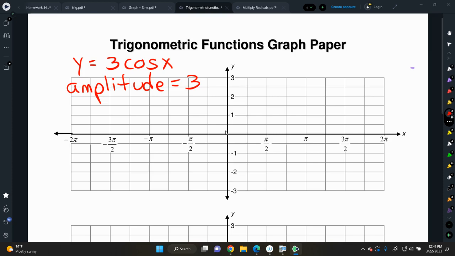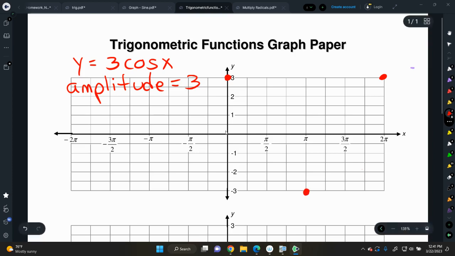Okay, so where are we going to start? 3, because the amplitude is 3. Where are we going to end? 2 pi comma 3, we're going to end. What happens halfway in between at pi? Go down to negative 3.